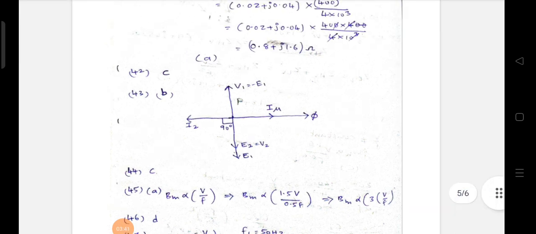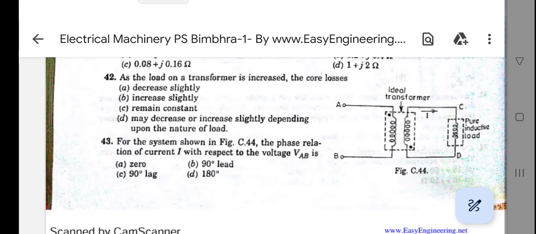When we take E1 or E2, I2 lags E2. That means the current is leading. That is, I with respect to voltage VAB is 90 degrees leading. That means the 43rd question answer is B.